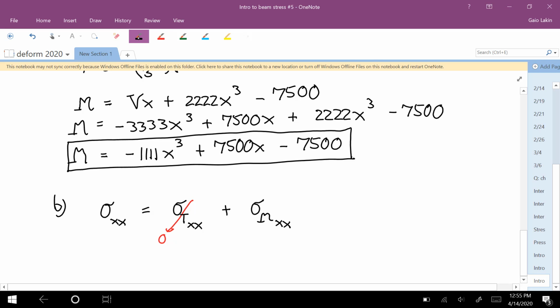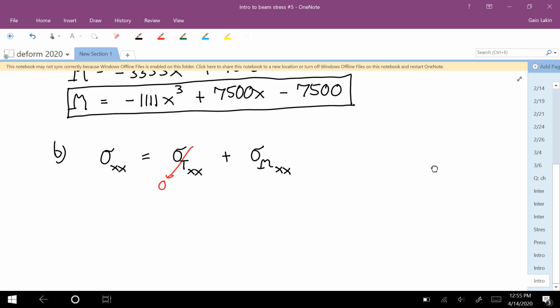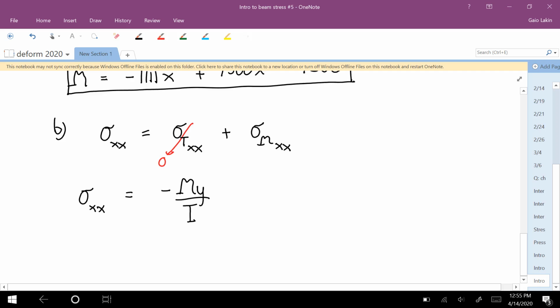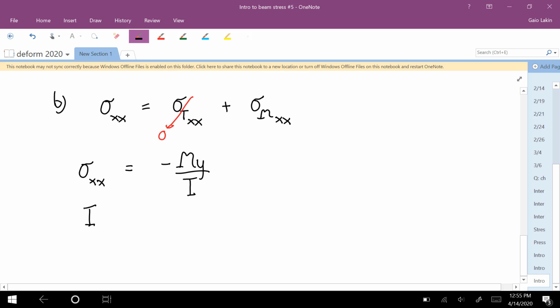All right. Well, we know that the xx normal stress for bending is negative my over I. And our I value we can calculate. This is a circular cross section.